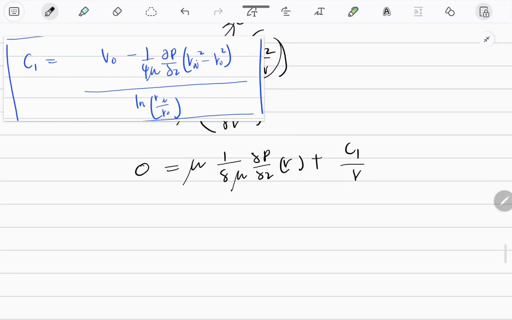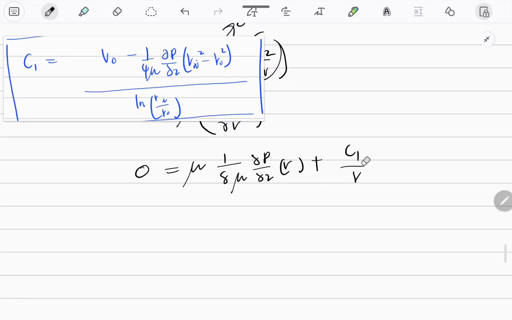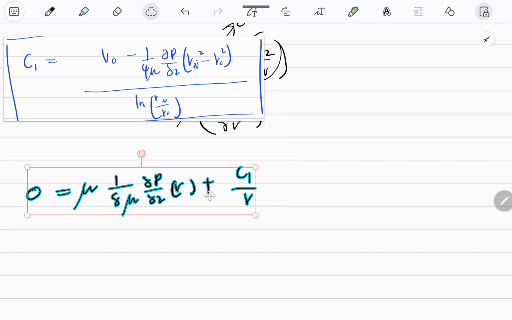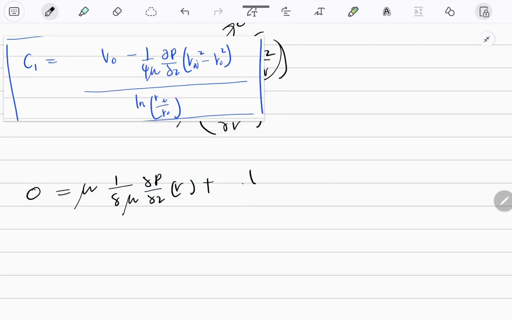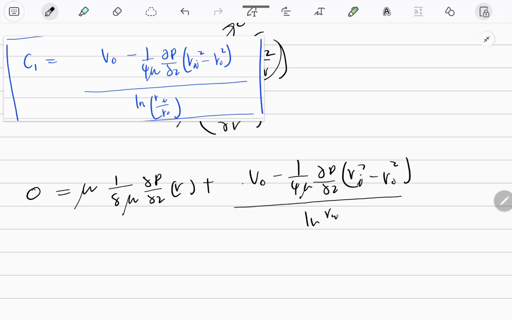Let me copy everything here. I think I'll have to restart. This constant is very big. Okay, then I'll have v naught minus 1 over 4 mu dp dz, r_i minus r_naught squared, all over ln of r_i over r_naught.